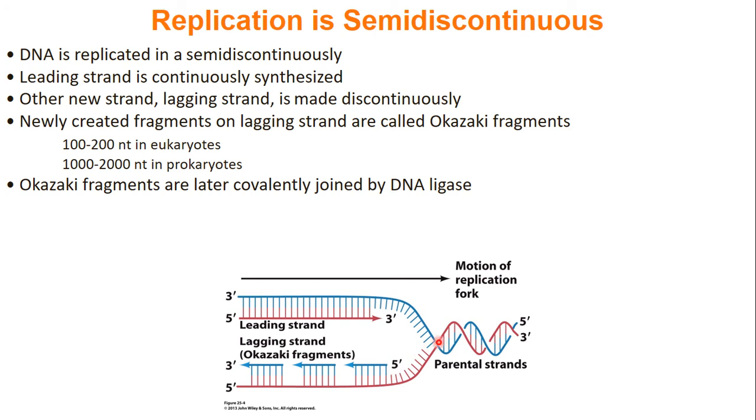So every time I unzip a little more, I have to make a new fragment. These fragments are called Okazaki fragments. In eukaryotes, the fragments are only 100 to 200 nucleotides, while prokaryotes can have Okazaki fragments that are 1,000 to 2,000 nucleotides. And the polymerase itself can't join these Okazaki fragments. You need a ligase, a DNA ligase, that will connect these fragments together so you're going to have complete replication.